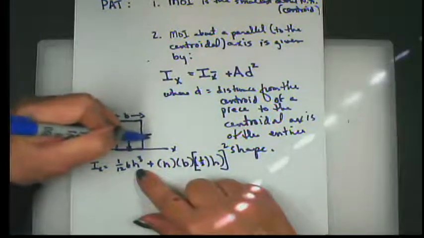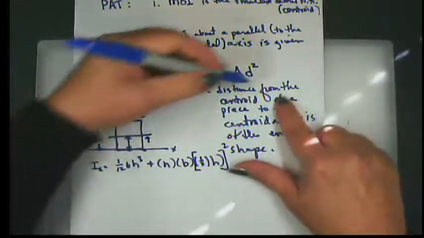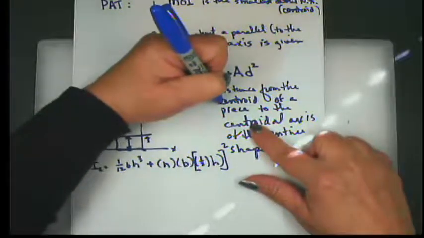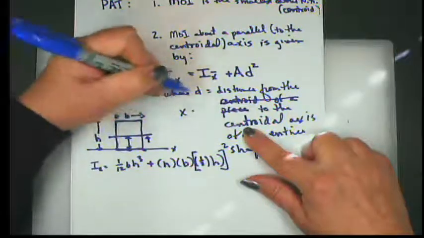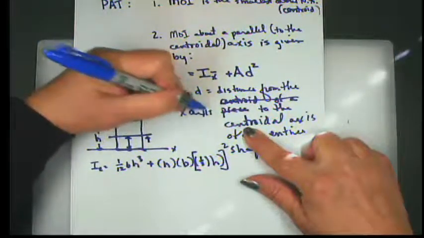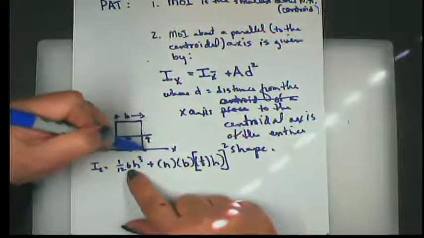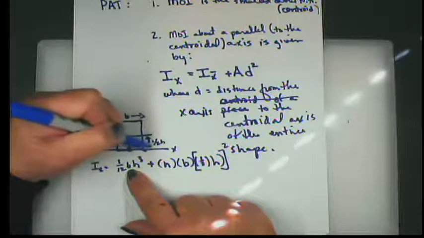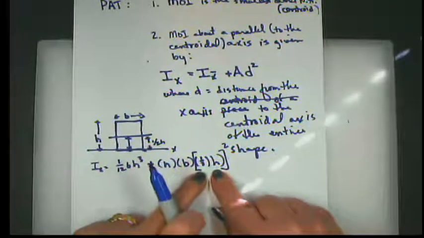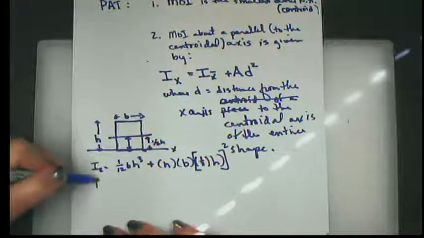Because this distance is from the axis I'm going to, from the x-axis in this case, to put it better. If the entire height is h, this is going to be 1/2 h. So here's my distance squared times h times b.